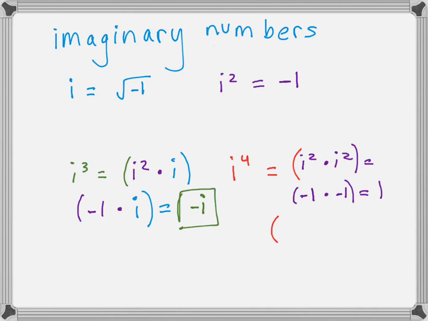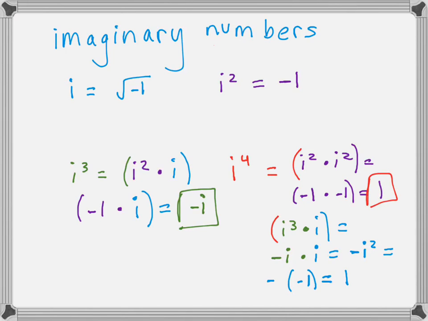We can do i cubed times i is equal to negative i times i, which is equal to negative i squared, which is also equal to negative 1 times negative 1, because i squared is negative 1, right? And so then this equals 1. So either way, we can see that i to the fourth is equal to 1.